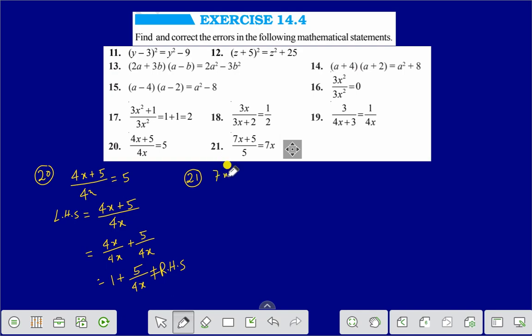Question number 21 is 7x plus 5 divided by 5 is equal to 7x.